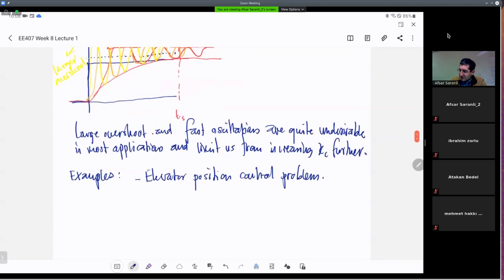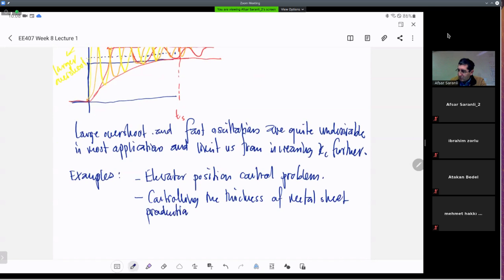In another process, which is, for example, controlling the thickness of metal sheet production. Okay, so you are generating a metal sheet at a constant thickness.